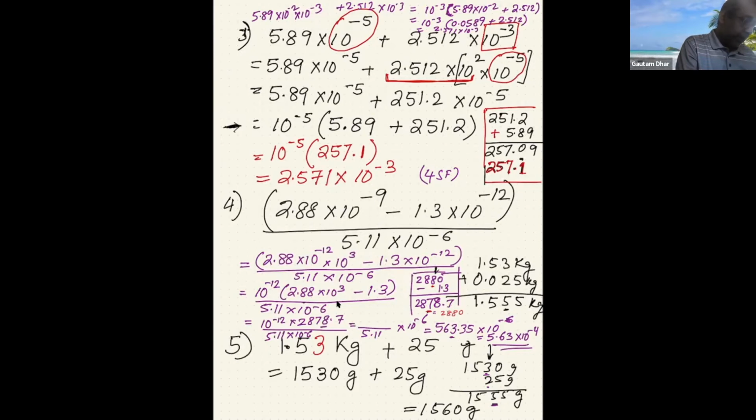So when you are adding this, your number is 2880 divided by that number, and then you can do the math. 2880 divided by 5.11 is how much? So that 3.1 really didn't add up.